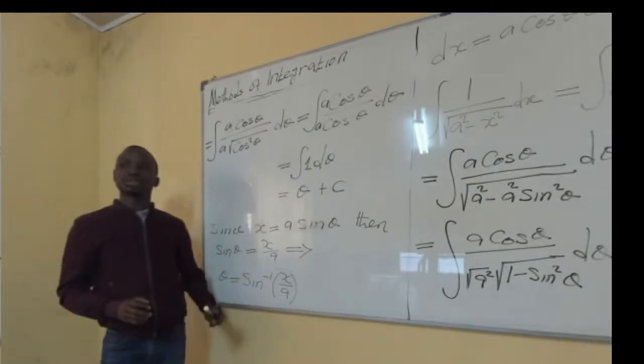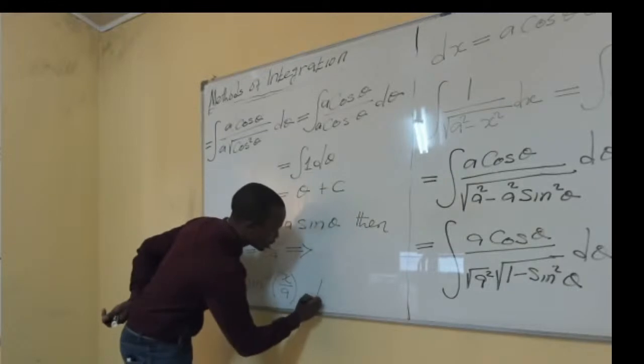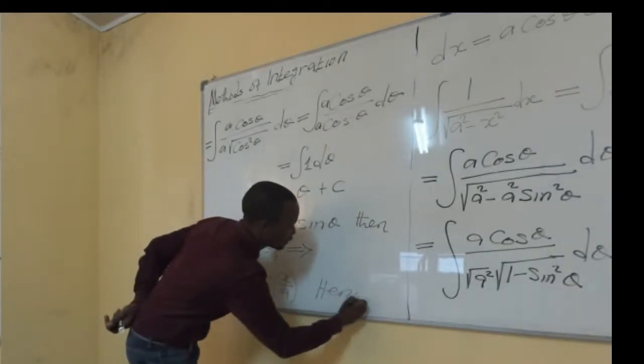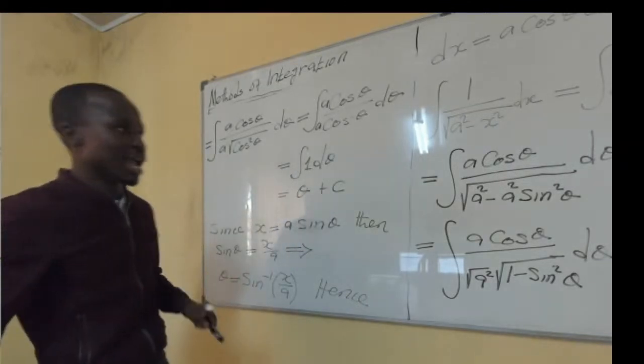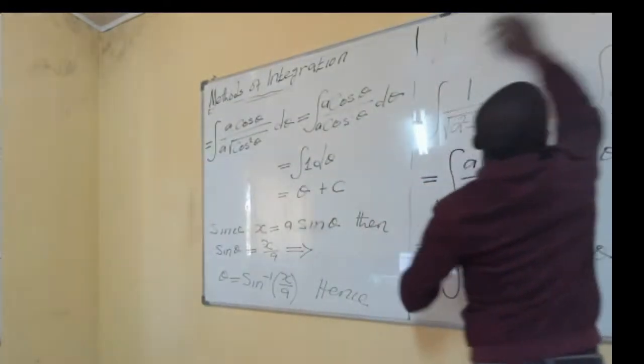So when you substitute this theta, where there is theta, you put sine inverse of x over a.